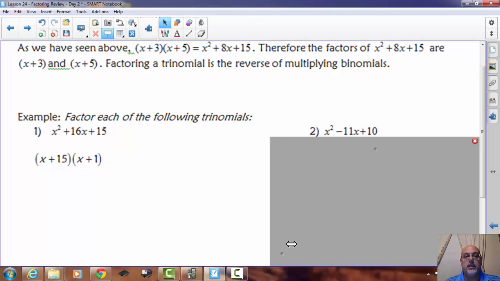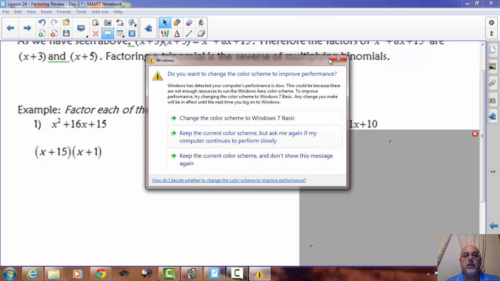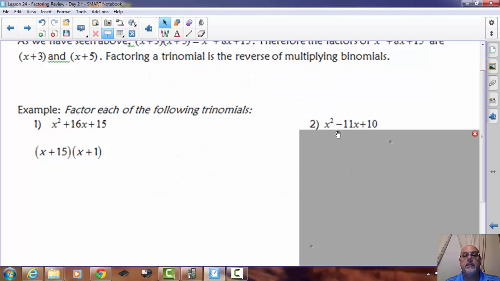Now let's take a look at the second expression I have here. X squared minus 11x plus 10. The plus 10 tells you the signs in the two parentheses are the same, excuse me. To find out if they're both positive or both negative, you move to the middle term. In this case, the middle term is negative.